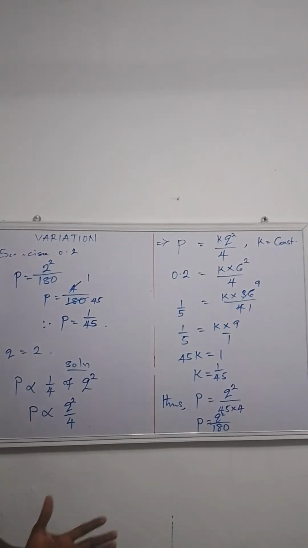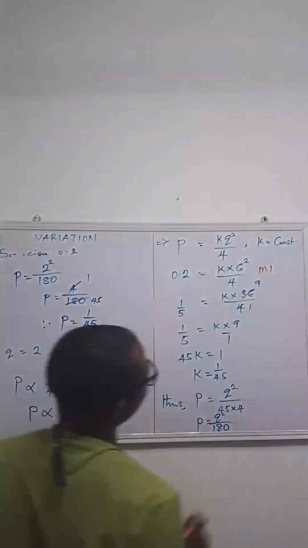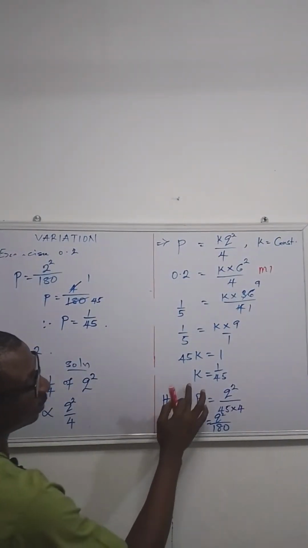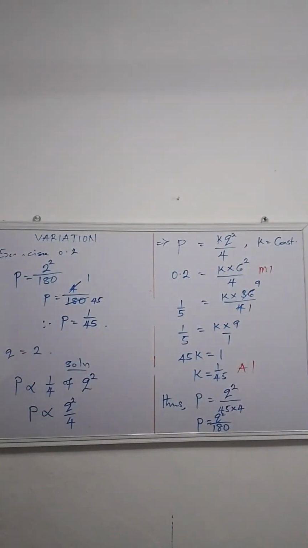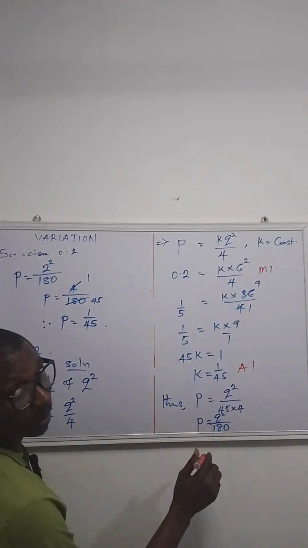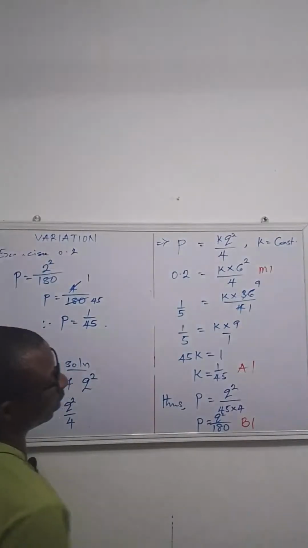All right, so how do we award marks to this question? The first thing, for substituting correctly, there will be a method mark, M1 for that. For getting your proportionality constant, we have A1. For writing out the connecting formula, we have B1 here.